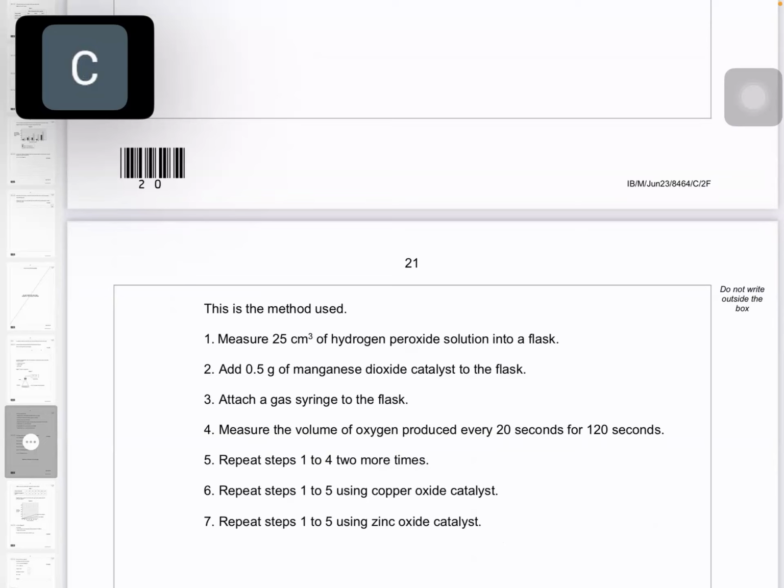Just a minute, I'm checking control measures in an experiment.